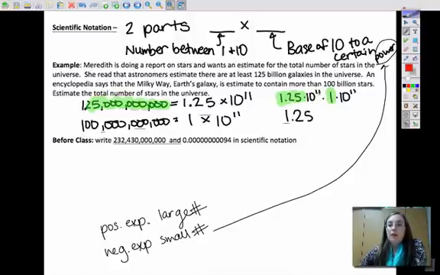And I know that I can combine 10 to the 11th times 10 to the 11th because they have the same base, so I can use my power rules from last time. So I can think of this as 10 to the 22nd power. That is, in scientific notation, approximately how many stars we might think are in the universe, based on the fact that there are 125 billion galaxies and 100 billion stars in one of those galaxies.